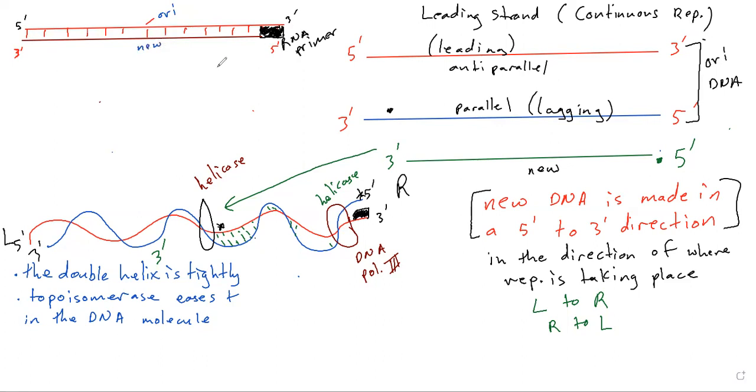All right. So let me put this in words. So we know that helicase will bind to the DNA molecule at the origin of replication.